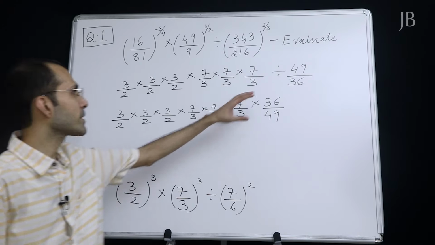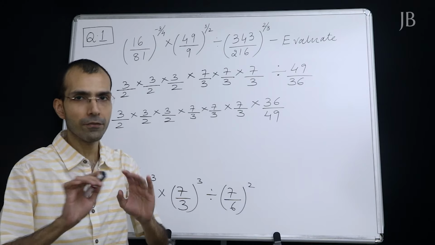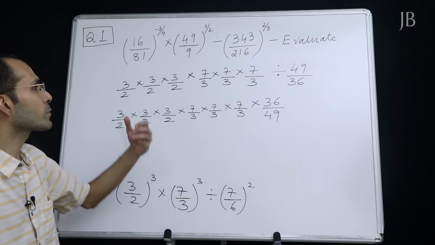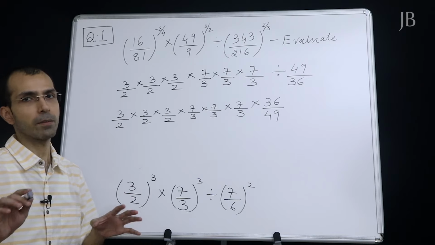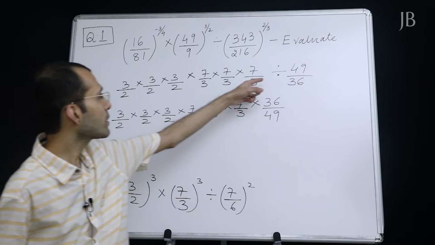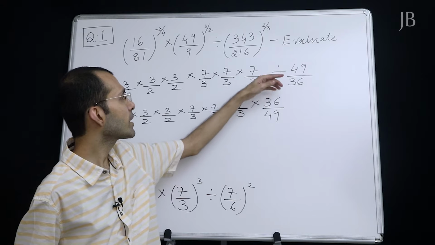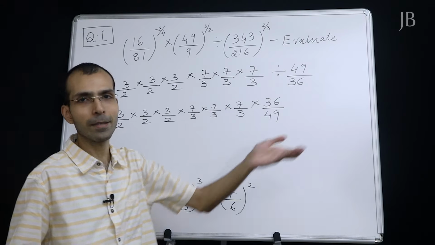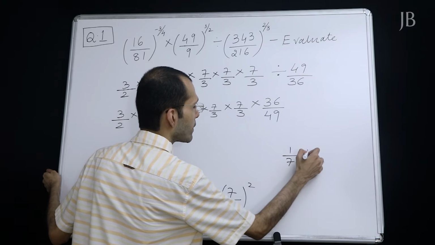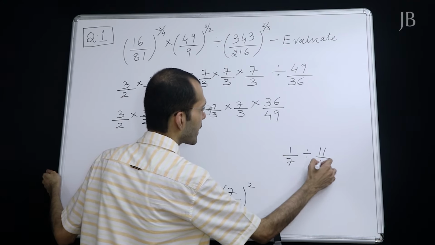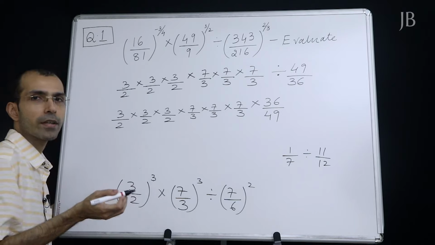See, here I have not reciprocaled the base or anything of that sort. I mean, we have not used the law a raised to minus m is 1 upon a raised to m. It is not like that. Because this is division, this becomes multiplication and we reciprocal. Example, if you had 1 upon 7 divided by 11 by 12, how would you have evaluated this?